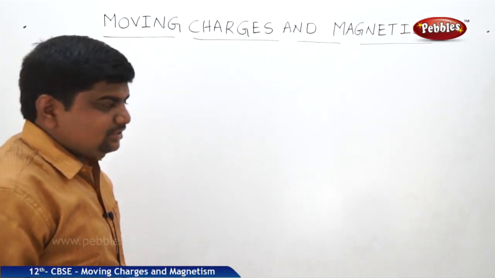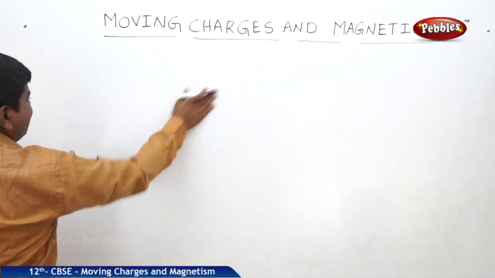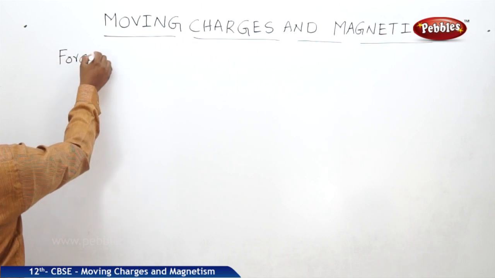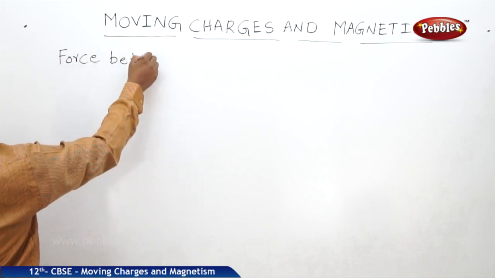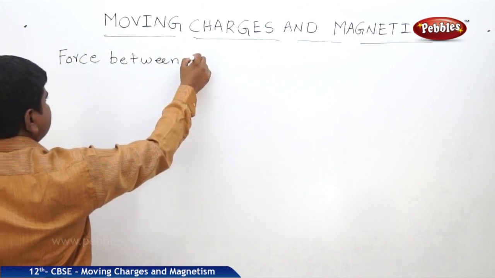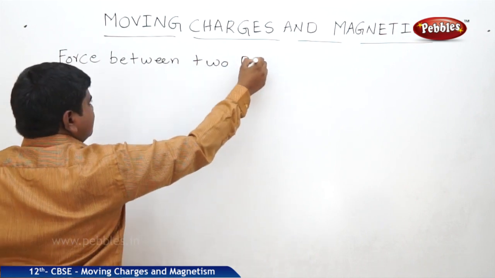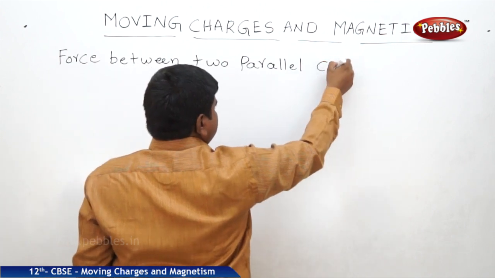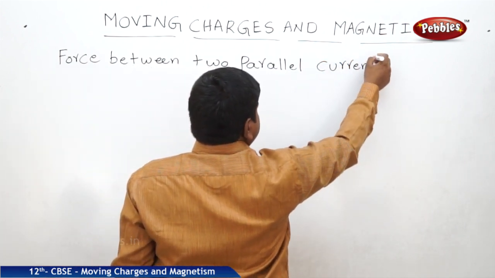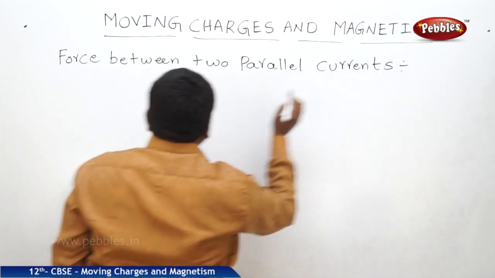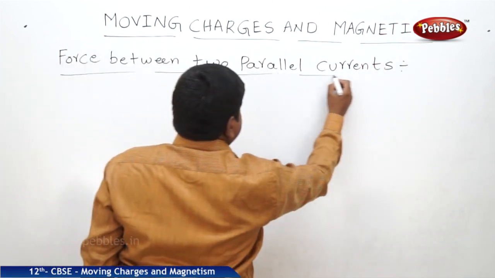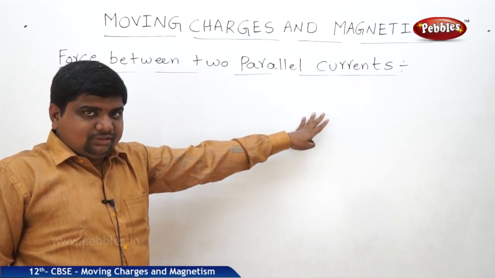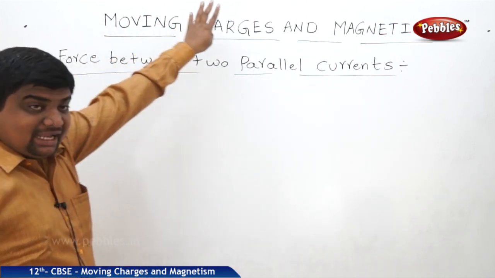The next concept is force between two parallel conductors or currents. We know that SI unit of electric current is ampere, but here we are discussing about the magnetic fields.